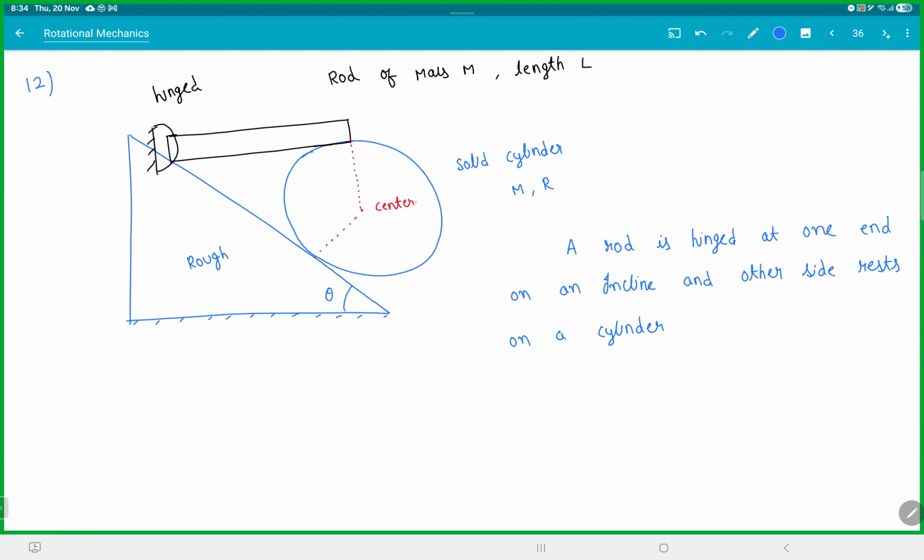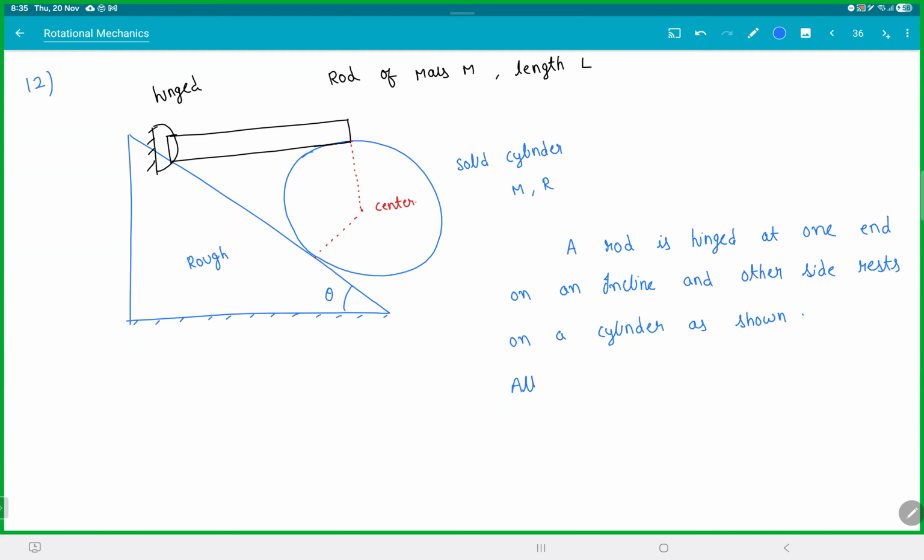The rod rests on a cylinder as shown. So all surfaces are rough, meaning even the rod is rough.